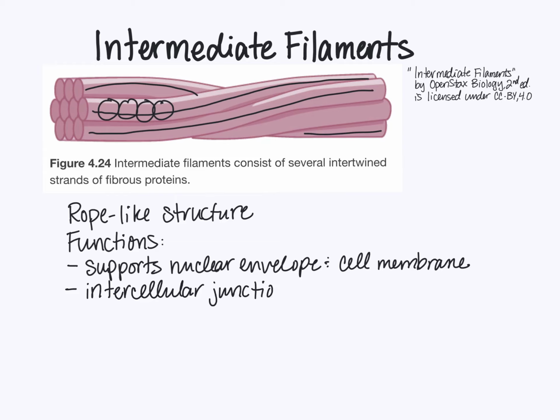And what we mean by intercellular junctions is these are proteins that help to hold adjacent cells together. We'll talk more about intercellular junctions when we talk more about the cell membrane and how cells are attached to each other in order to form tissues. But then we'll refer back to these intermediate filaments because they are the proteins involved in making these connections between neighboring cells.